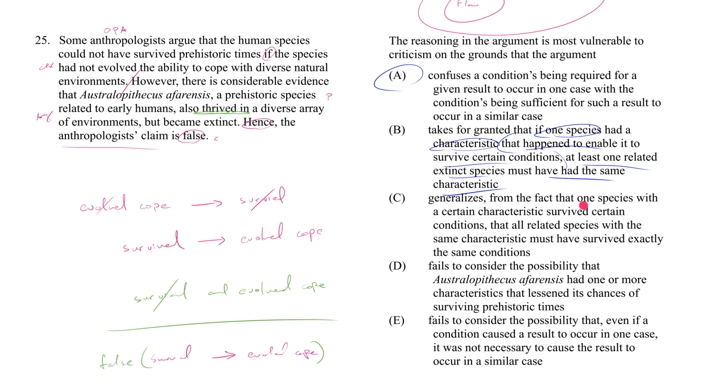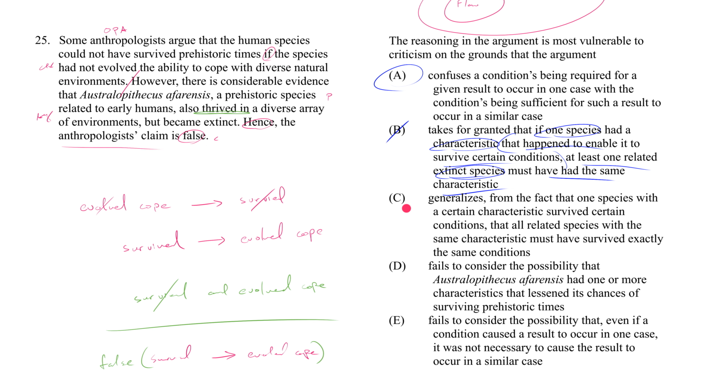That would have been the argument, right? I'll say that again: Homo sapiens have this pro-social characteristic which happened to help us survive. Well, then our extinct cousin ancestor species must also have been pro-social. That argument, at minimum, meets descriptive accuracy for B. Hopefully you can see that argument looks nothing like this argument. Okay, that's why B is not right.